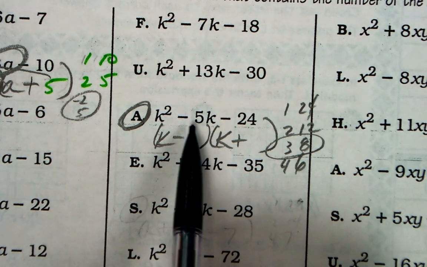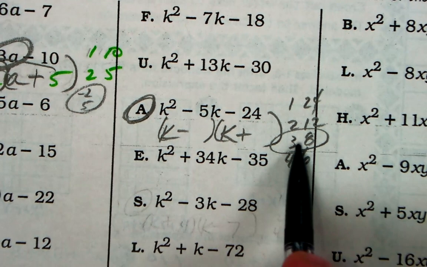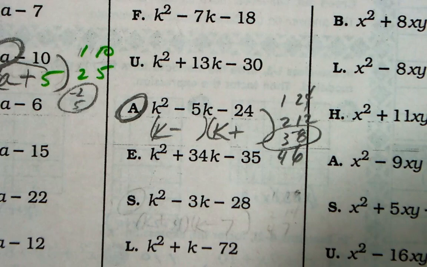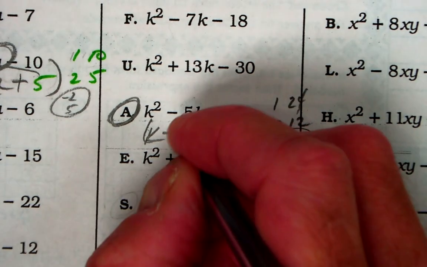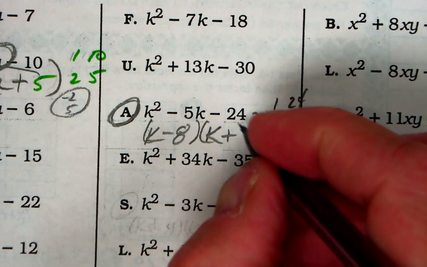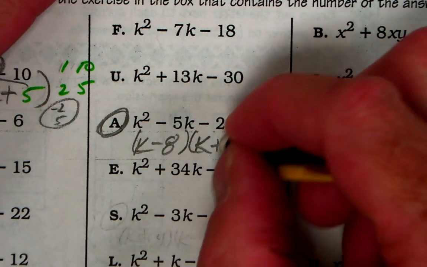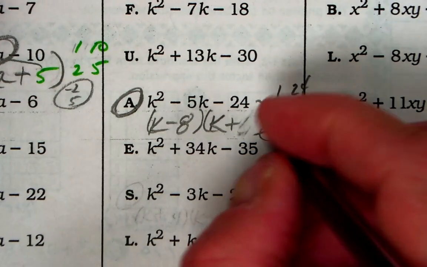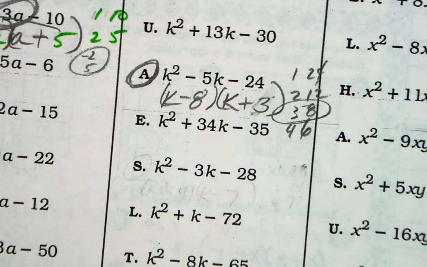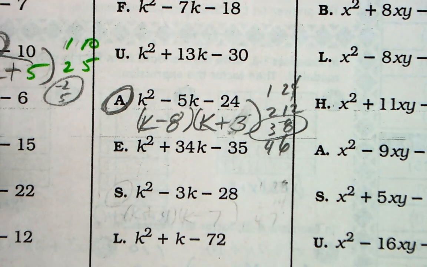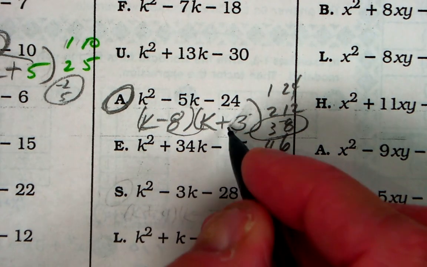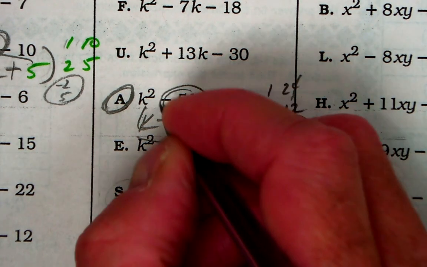I want negative 5. So let's make the 8 negative. So that will go with a negative. And this will be 3. Otherwise, plug it in there, and if it works, you're good. This gives me a negative 8 and a positive 3 gives me a negative 5.